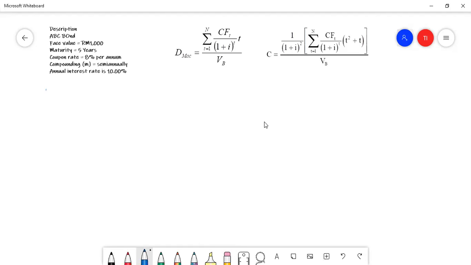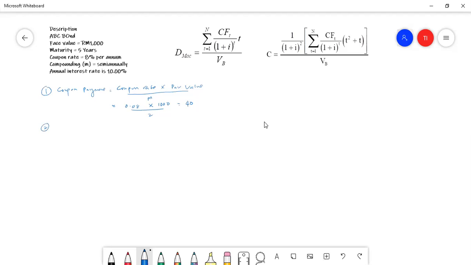First, we have to calculate the coupon payment. How do we calculate the coupon payment? The coupon payment is the coupon rate multiplied by par value, and then divided by the frequency, which is m. Therefore, this coupon payment is 0.08 multiplied by 1,000 divided by 2 because it's semi-annual, therefore it's 40.